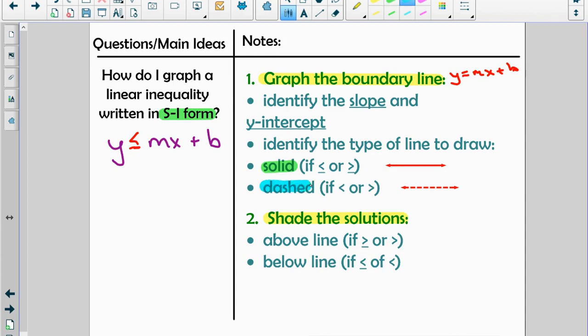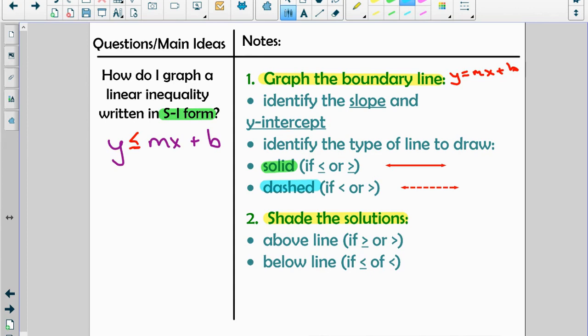However, there are also dashed boundary lines that we have to watch out for. A dashed boundary line is used if it's a strict inequality. If it's just less than, or if it's just greater than, we use that dashed line with the example there off to the right. So a solid boundary line means that all of the ordered pairs that are right on the line are part of the solution set.